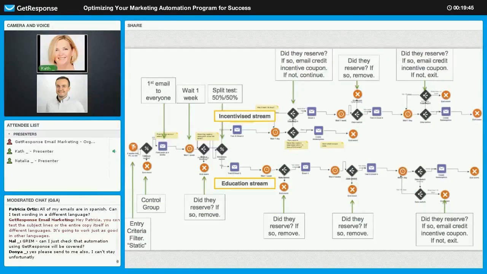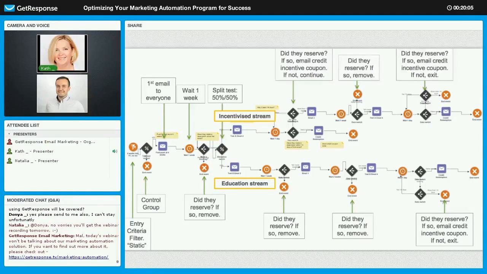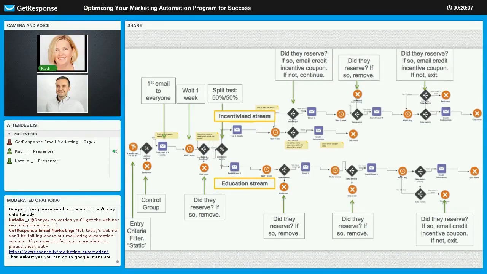To do that, what you want to do is set this up so that instead of a regular single stream, you are setting up two streams. In this particular case, they've got an incentivized stream versus an education stream. Their hypothesis here is that incentivization is going to deliver higher conversions than educating.